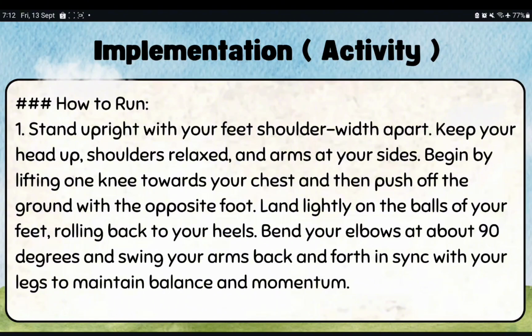So in the activity or the implementation, the teacher is going to explain the steps they are going to do and how to run. So first, in running, stand upright with your feet shoulder width apart. Keep your head up, shoulders relaxed, and arms at your sides.